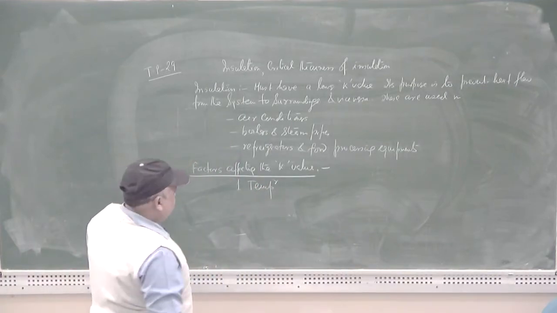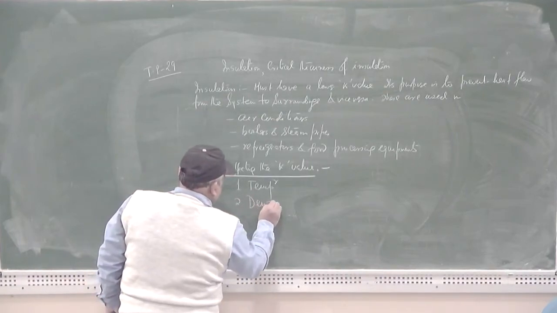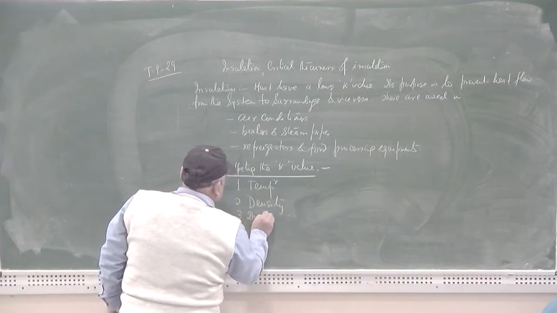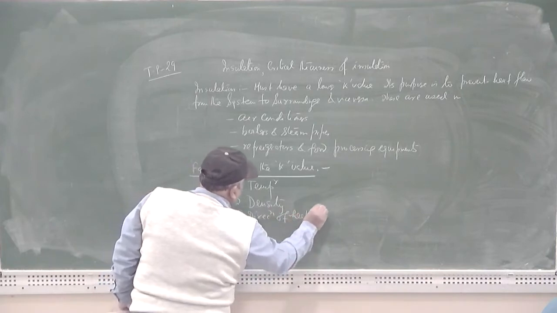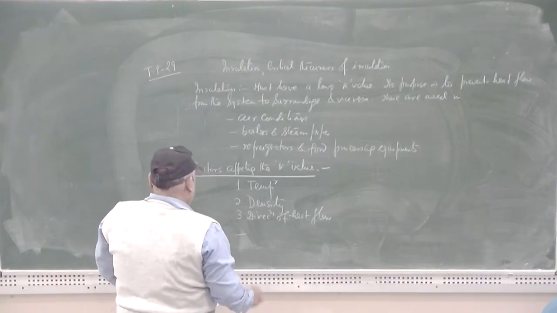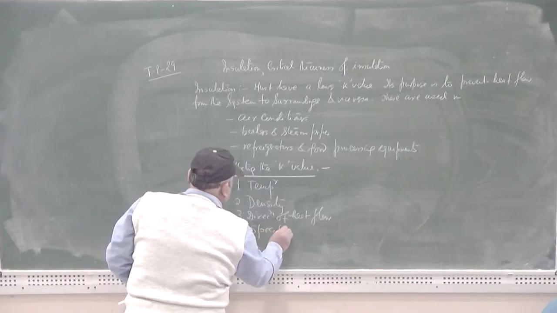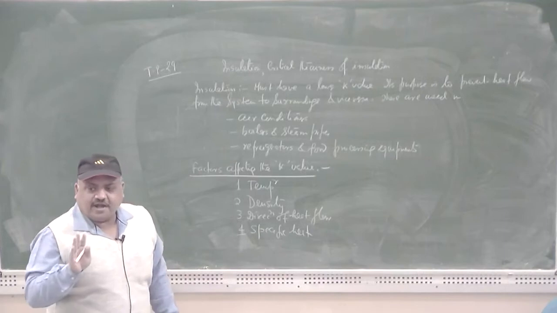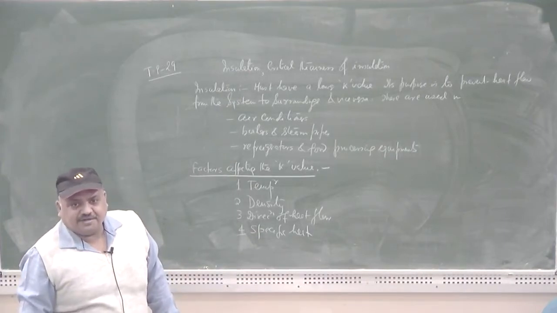Number one is the temperature, second one is the density, number three, direction of heat flow, and number four, specific heat. These are the four important factors on which the value of thermal conductivity depends.